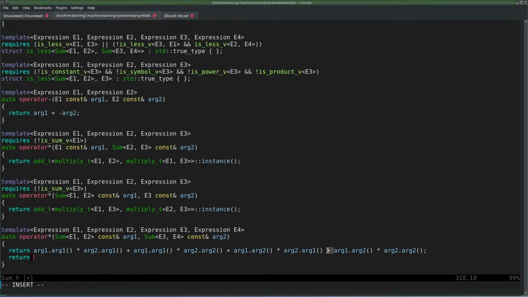What is this? A sum? That's like 4 terms.